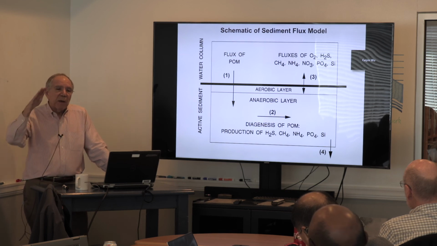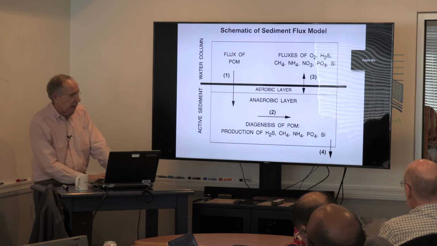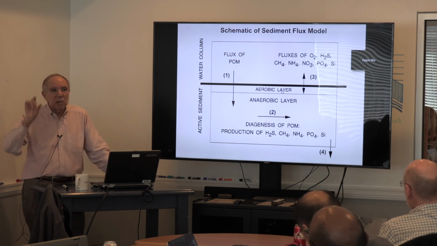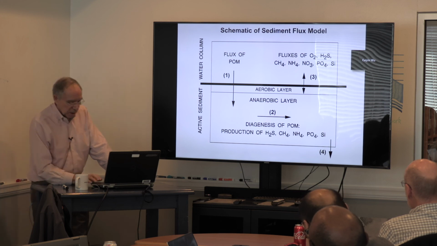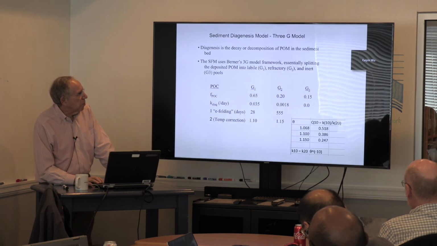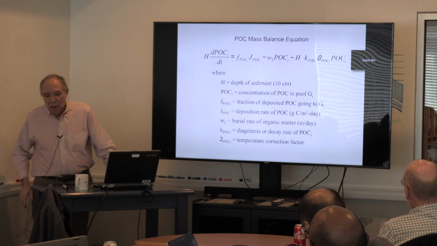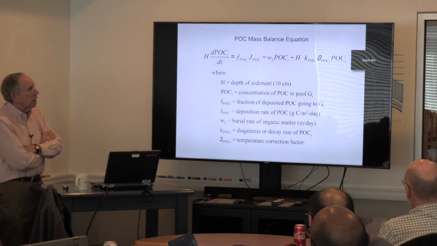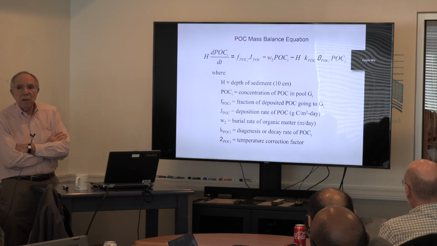So if you do a mass balance proportionation, the amount of organic matter that's decaying up here, you can just forget about it. There just isn't enough there. So we don't worry about it. You could worry about it, of course. It doesn't change anything. So we don't distinguish between H1 and H2, the aerobic and the anaerobic layer. We build a mass balance simply on the total depth of the sediment.